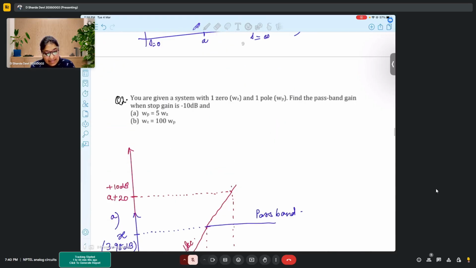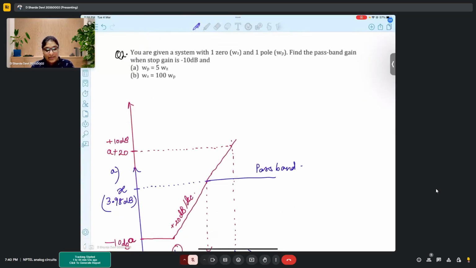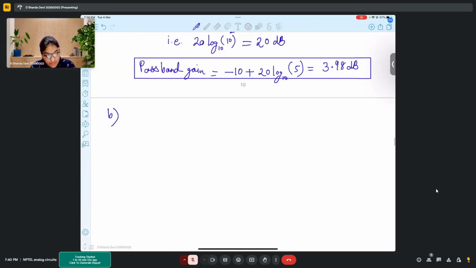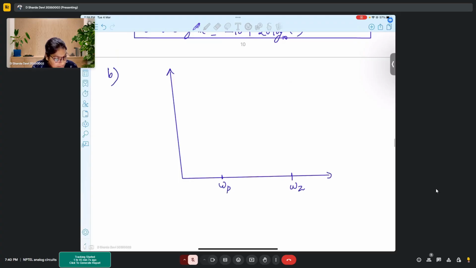In part B, it is said that WZ is 100 times WP. That means there is first a pole WP, then followed by a zero WZ, that is 100 times WP. So here this is the pole and this is the zero.